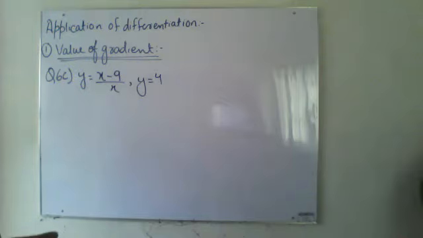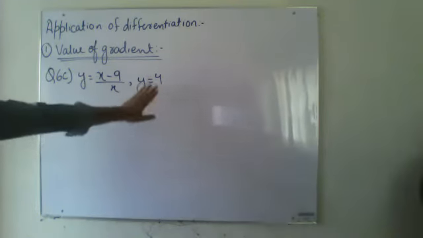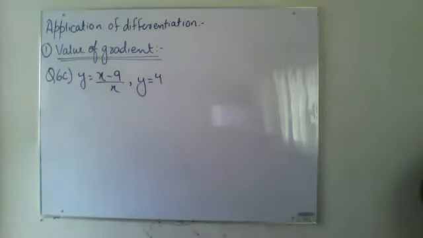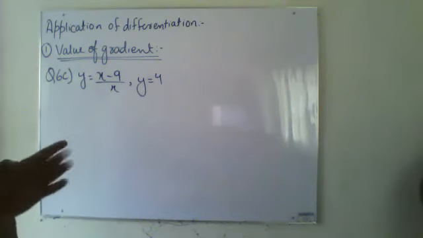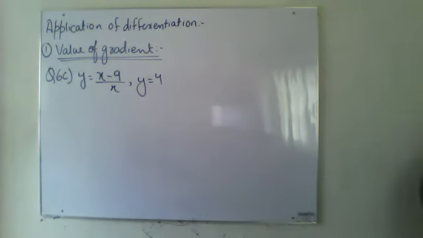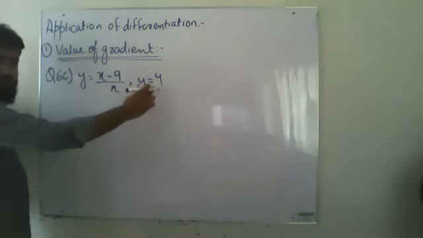I have to find the gradient. To find the gradient, I should have the value of x with me. So what I can do over here, I'm not starting my differentiation first, because I will try to find the value of x first. So how to find the value of x? y equals 4 is given.